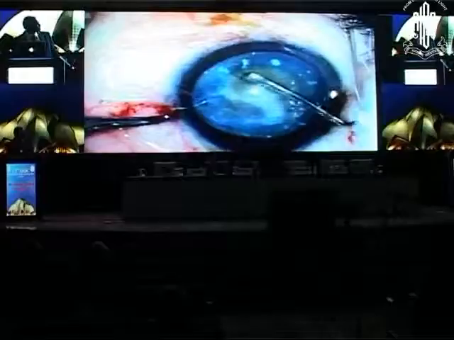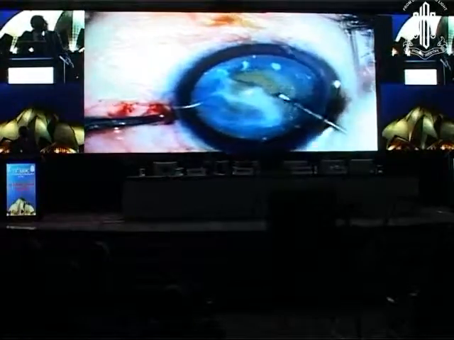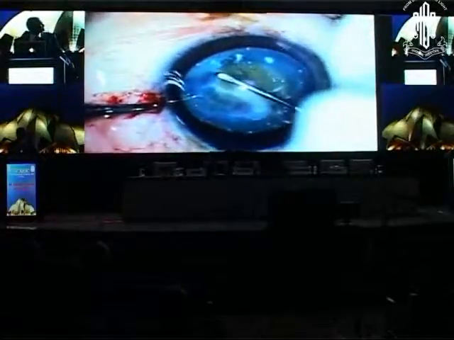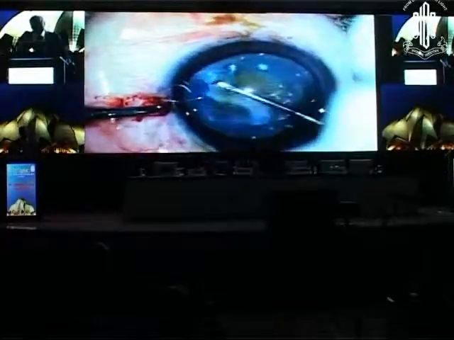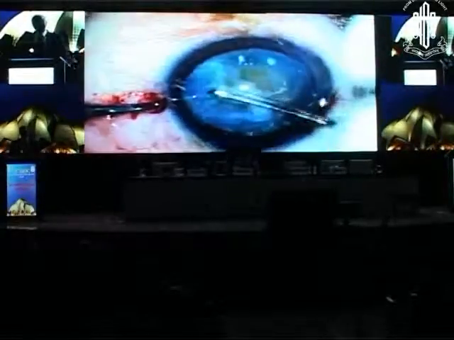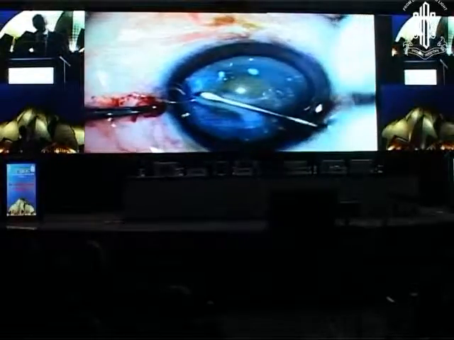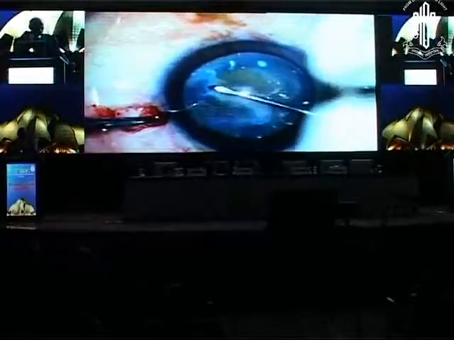One eye was operated in Bombay only, and there was no vision. The one-eyed patient was told by the private doctors that only phaco is possible. Otherwise, I am not against private doctors, but such type of thing we should not tell, and that can cause problems. So if it is possible to go by SICS, you can go by SICS.